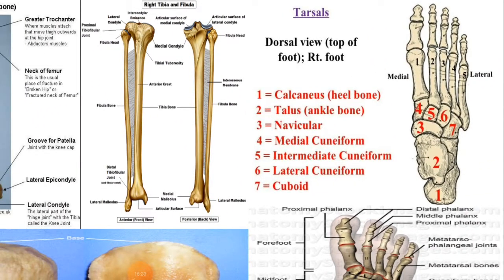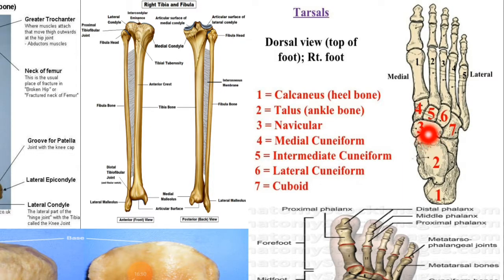Then we have the 7 tarsal bones. The first bone is the calcaneus, which is also called the heel bone, talus, which is this bone here. Third one is the navicular.